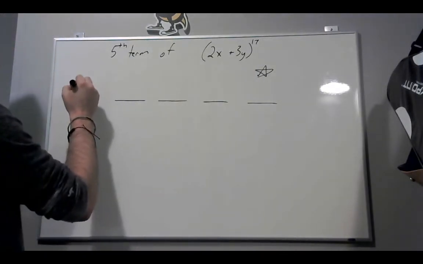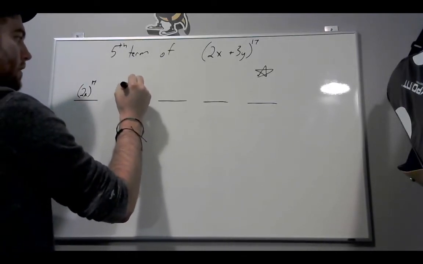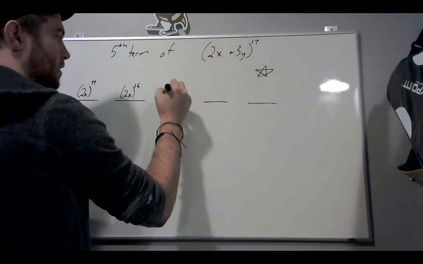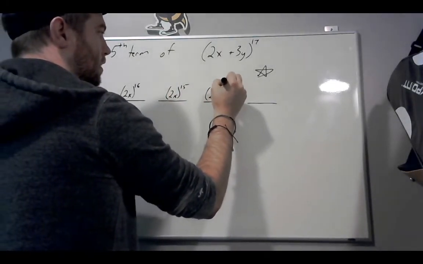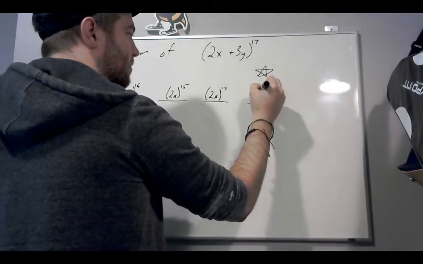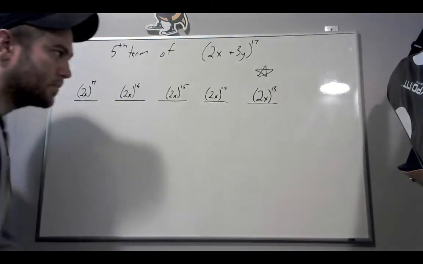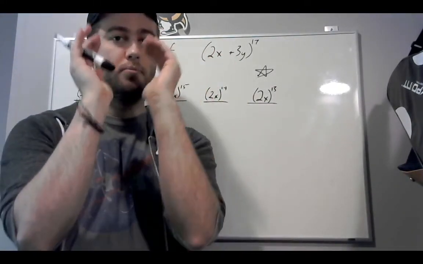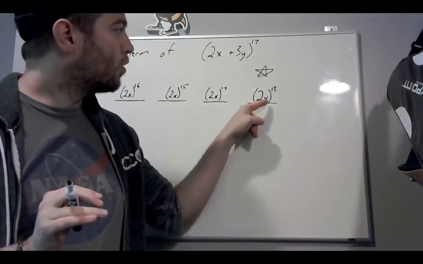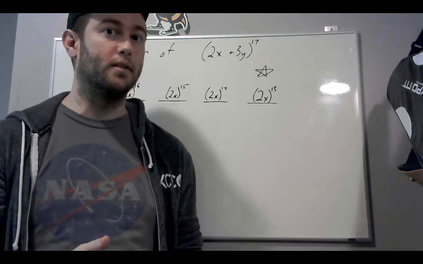So this would be (2x) to the 17th, (2x) 16, (2x) 15, 14. So this last one is (2x) to the 13th power. So please put your binomial terms in parentheses, because not only is that x being raised to the 13th power, but that 2 is also being raised to the 13th power.